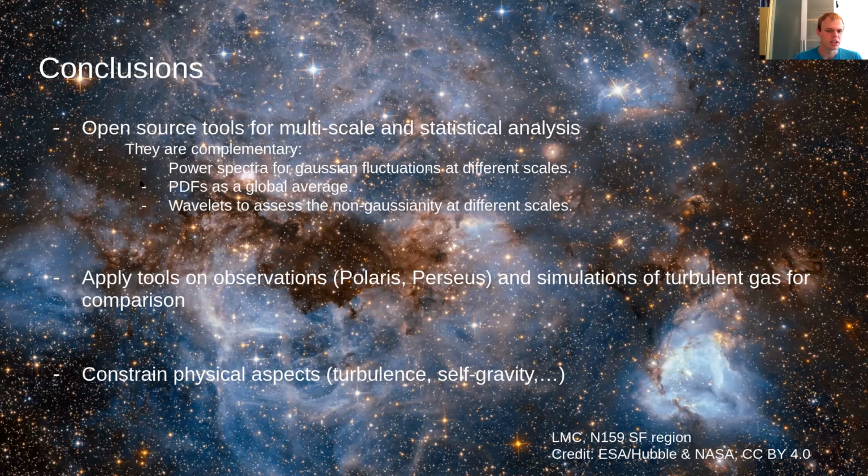Finally, the non-Gaussianities can be analyzed using the wavelet decomposition. We applied these tools both to observations and simulations and compared these, and thus were able to constrain different physical aspects such as turbulence or self-gravity. With that, we want to thank you for your attention and feel free to ask questions.